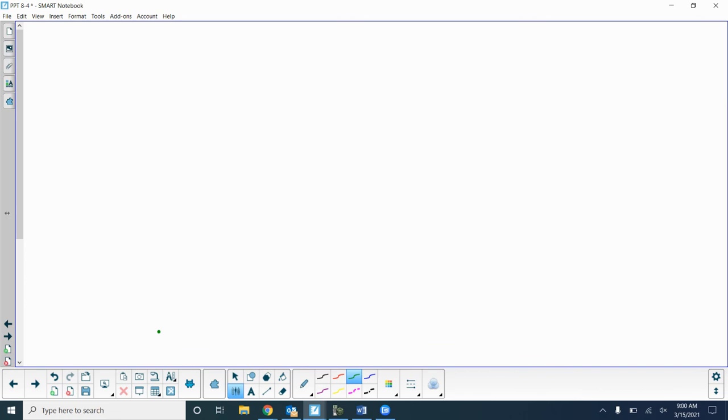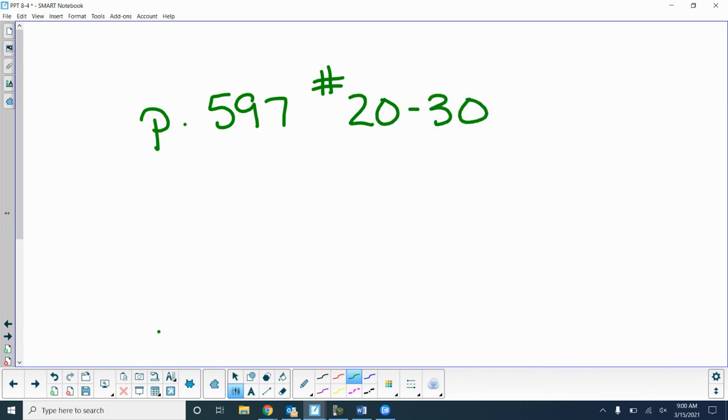Same page. Was it 650? No, that's my other class. 597, right? I think it's just 20 to 30 even. So it's not bad. You probably could get done before you leave here.